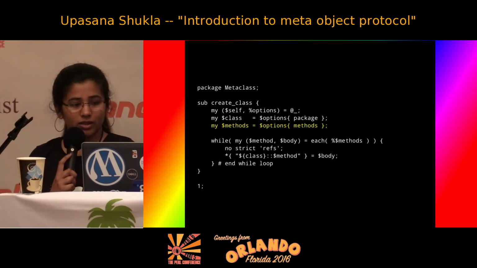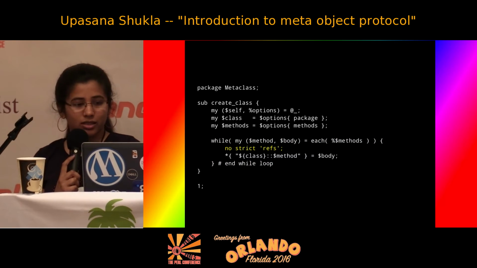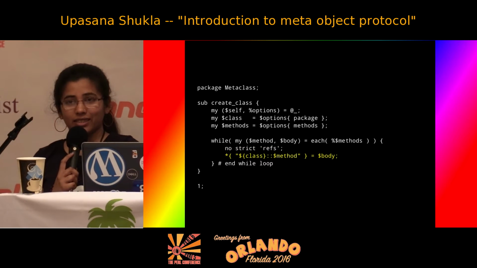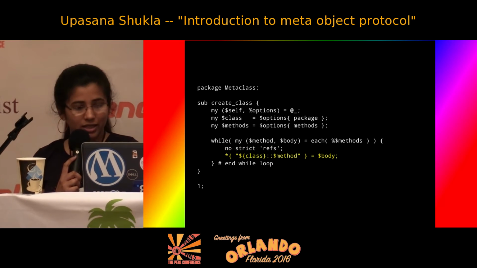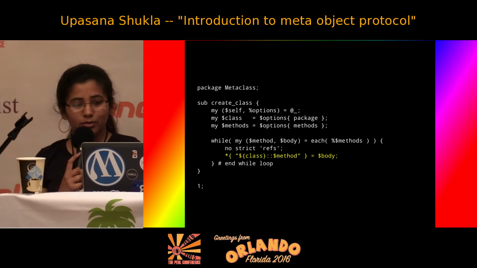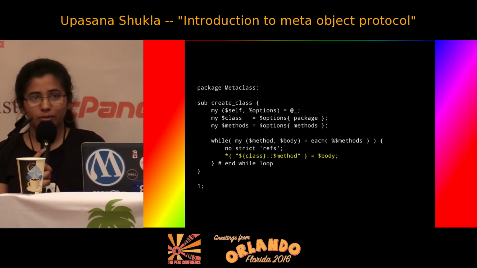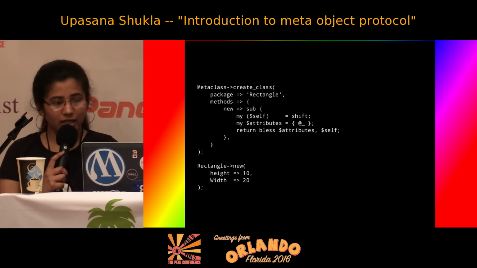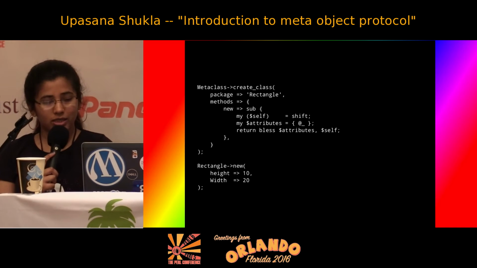And it can have a key called package, which will be the class name. Then it can have methods. Then I'll iterate over all the methods. I need to do this because if I don't do this, then Perl will complain. And here I'm manipulating the symbol table of Perl, of my class. I'm adding all the methods to my class.